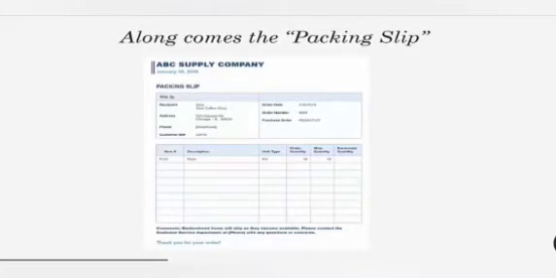You have seen this when you receive an order from Amazon, right? So when you receive an order from Amazon, in the large brown box, there comes a slip, a piece of paper that says, this is the quantity, this is the material, this is where it's coming from, and this is where it's going to, right?